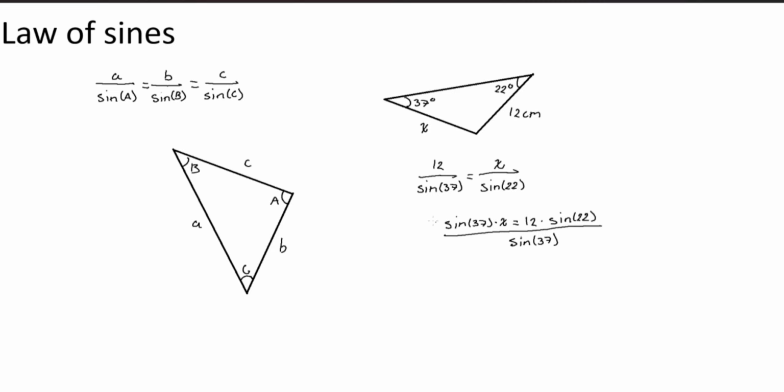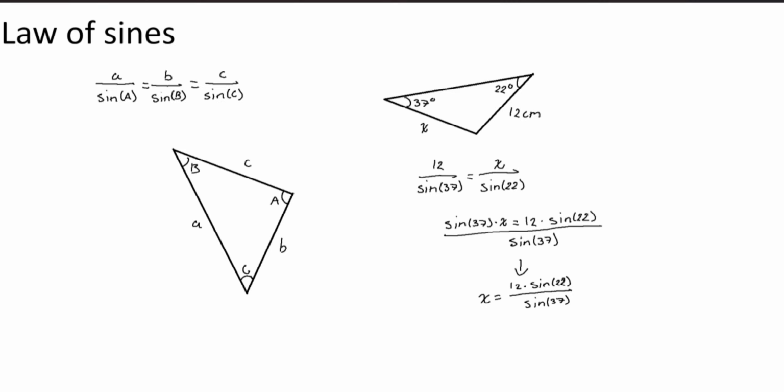The reason is that the sine of 37 is being multiplied by x, and we're trying to isolate x. So we divide both sides by sine of 37, which gives us x equal to 12 times sine of 22 divided by sine of 37.